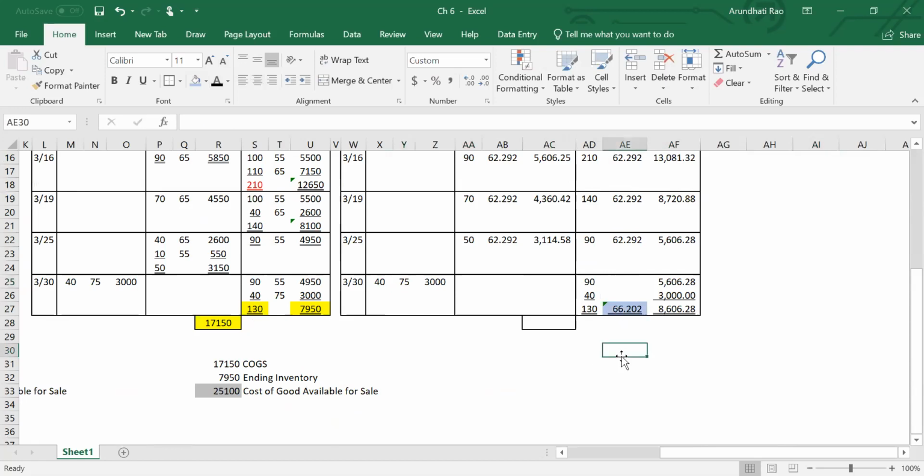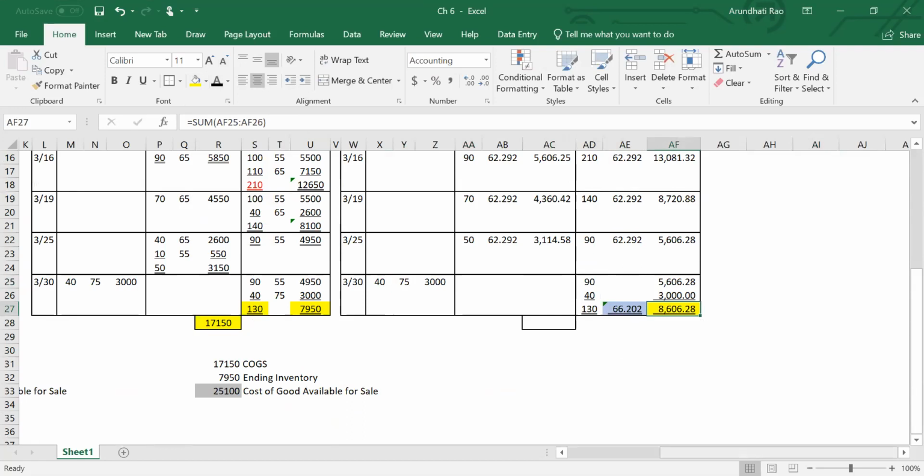Okay. And for this part of the problem, what were we asked? They've asked us to calculate what is assigned to inventory on hand. So the final answer that they're looking for over here is just this: 8606.28.